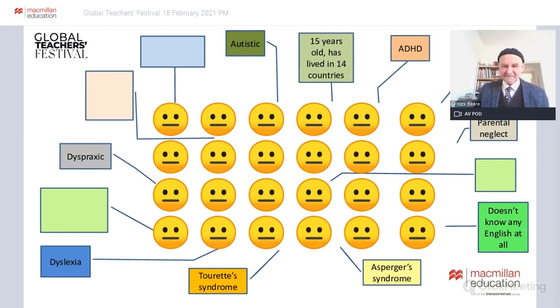Right, let's try again. So I was saying with Tourette's syndrome, they find it sometimes very difficult to control what they're actually doing. So it might just be rather strange actions which they do in class. Again, rather difficult for the other students to deal with. They kind of push the people like that away. Sometimes, I'm thinking particularly of the one that we had at the school where I was working.